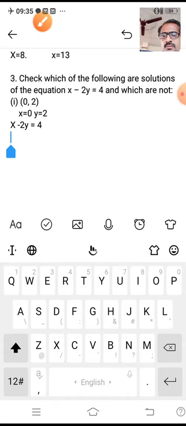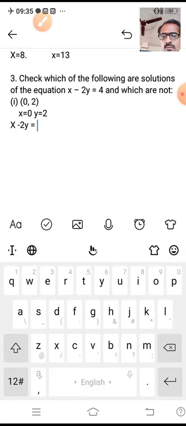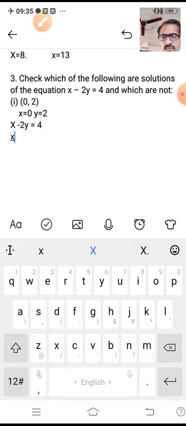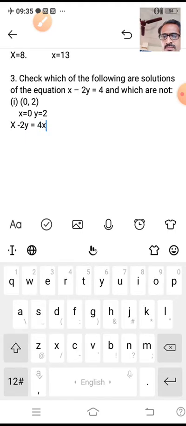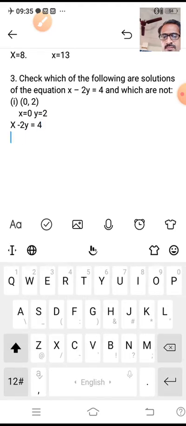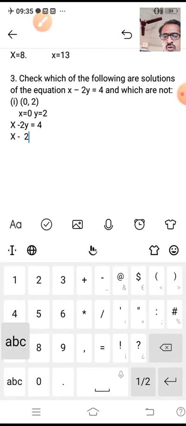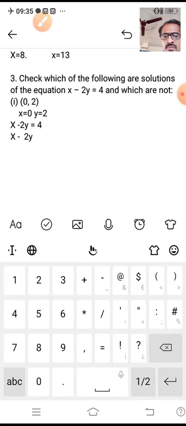So here we'll take x minus 2y. Now let us substitute values of x and y.